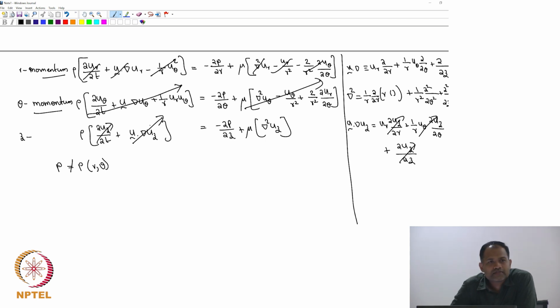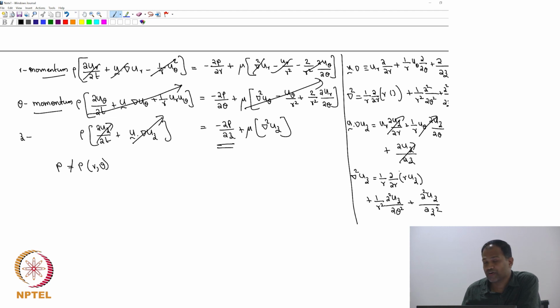Yeah, Samyukta. So how about on the right hand side, ∂P/∂z? It's non-zero, so that remains. How about del square uz? The del square operator is that. So we can write del square uz as 1/r ∂/∂r of r ∂uz/∂r plus 1/r square ∂²uz/∂theta square plus ∂²uz/∂z square.